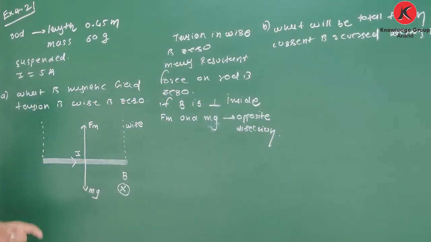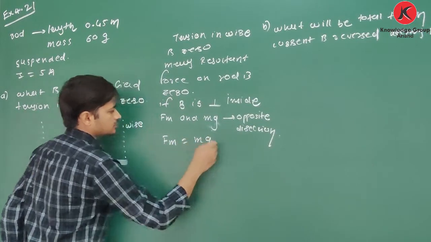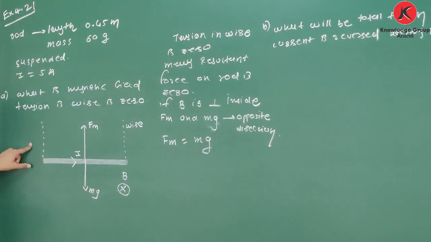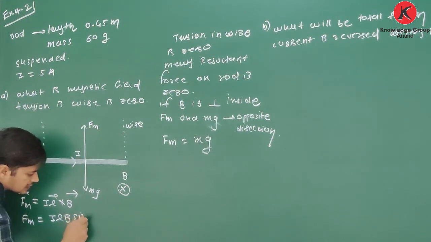Clear about this? Okay. Now Fm is equal to mg because tension 0 means the resultant force on this rod is 0. So mg is equal to Fm. Fm is equal to I L cross B. So what is its magnitude? It is Fm equal to ILB sine 90.